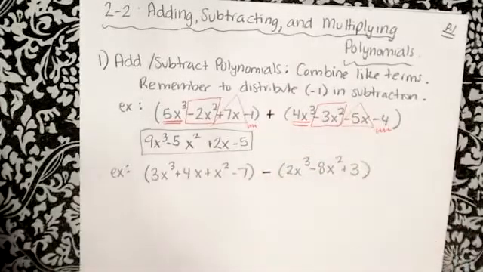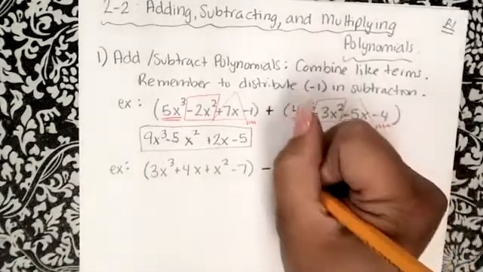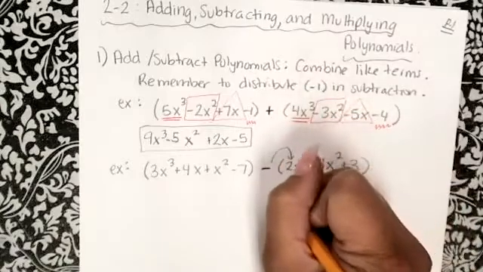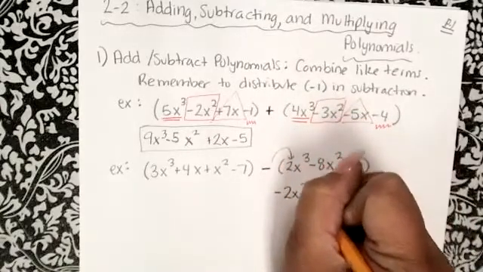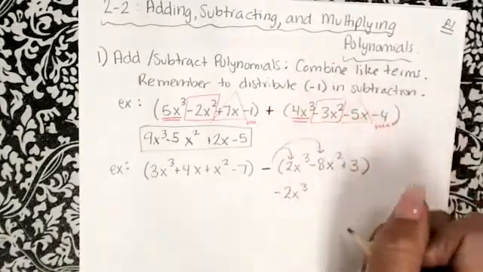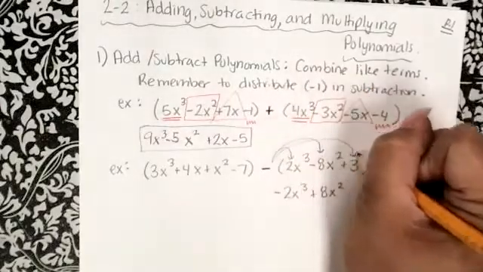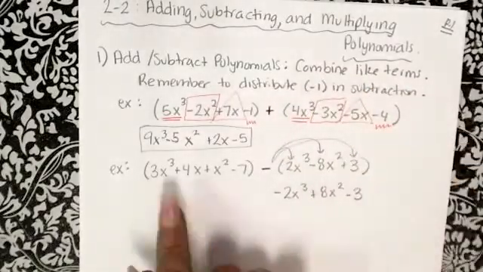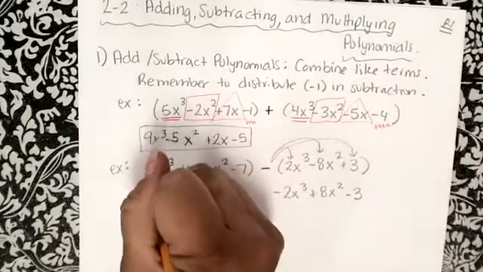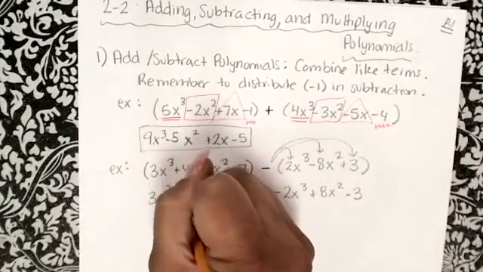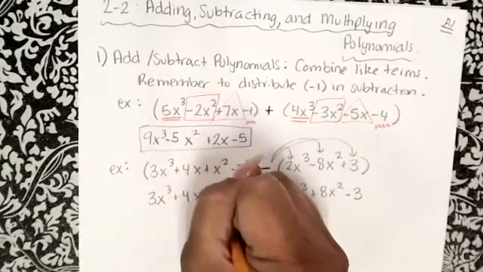So because it says subtract, before I start combining like terms, I'm going to actually distribute the negative. So this is going to be a -2x cubed. Right here, a negative is going to make that a positive 8x squared. And that's going to be a -3. The first polynomial is going to stay the same.